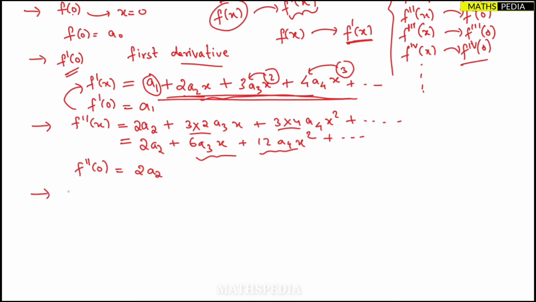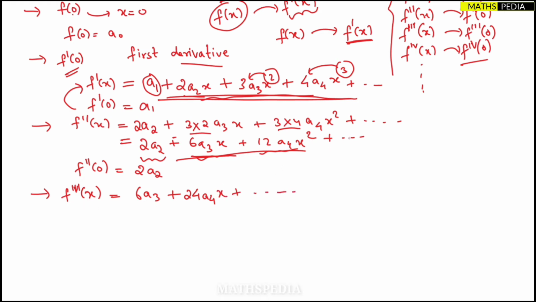Let us go for the third derivative. That will become, I have to differentiate this term, this term is constant, so it will be 0. 6a3 x will be 6a3, plus 12 into 2, 24 a4 x, plus so on.